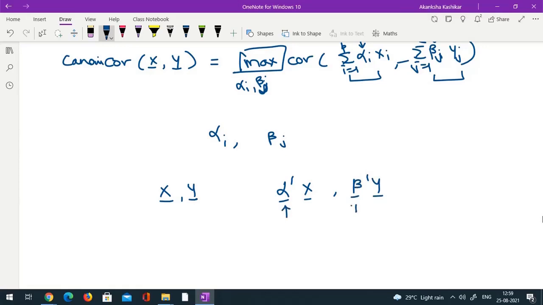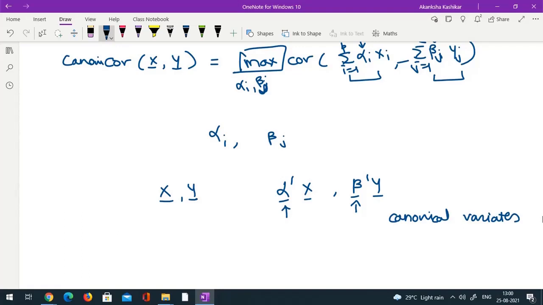So this alpha and beta will be called canonical variates, the coefficient vectors.